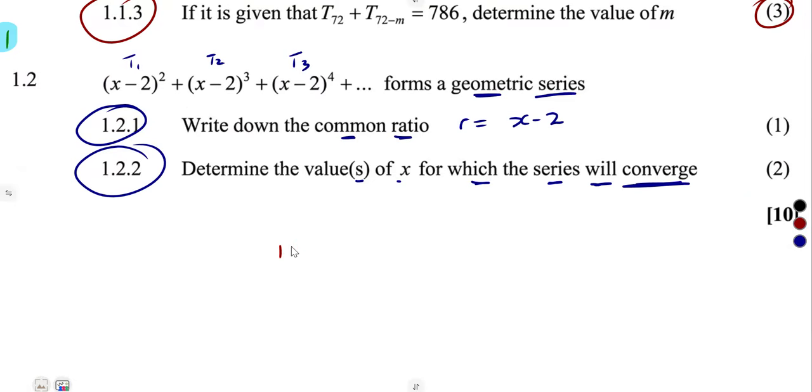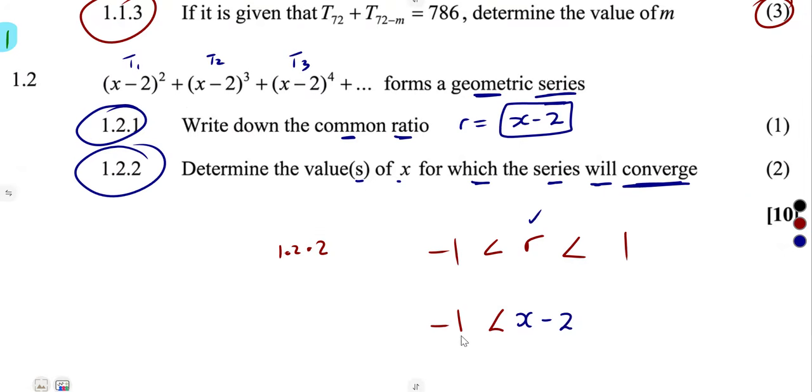All right, so that's 1.2.2. For our series to converge, r is greater than -1 but less than 1. We have got our r in this case, our common ratio. We calculated this. So we are going to substitute that x minus 2 must be greater than -1 and less than 1 for this series to converge.